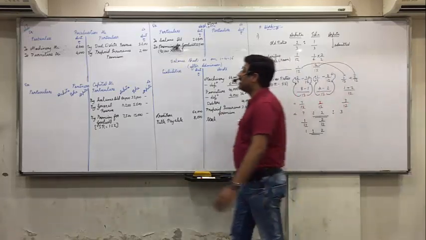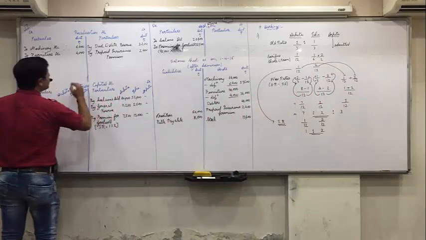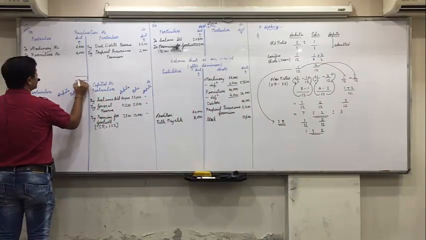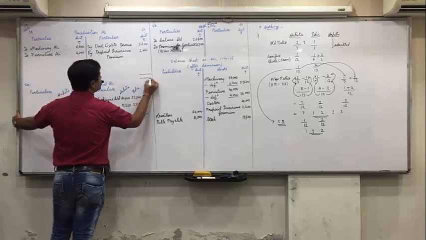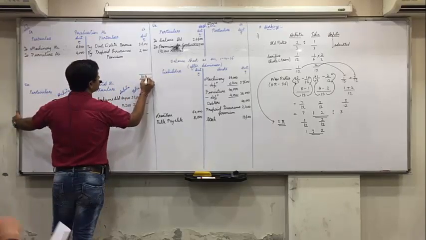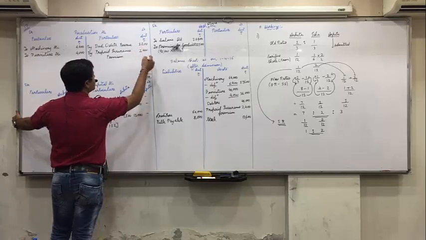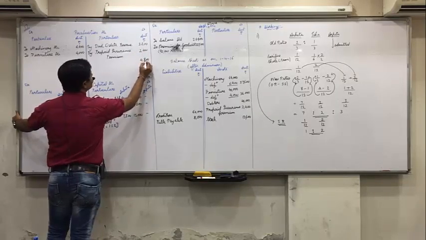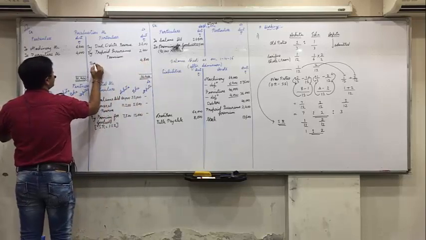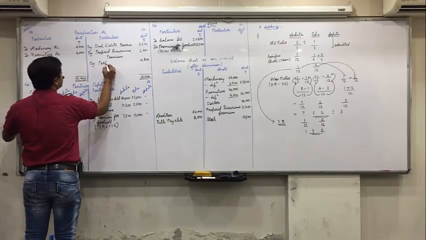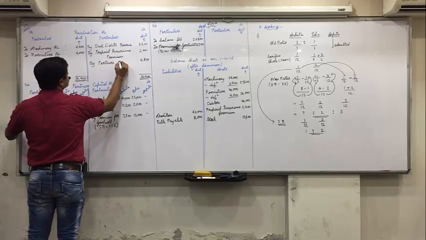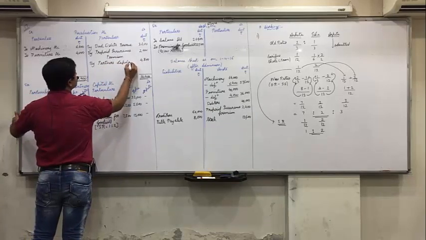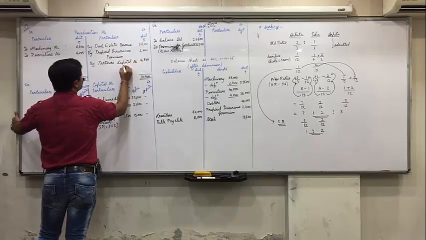Now, revaluation balancing, debit side is more. 10,400 minus 5,600, so 4,800, by partners capital account, in bracket loss.